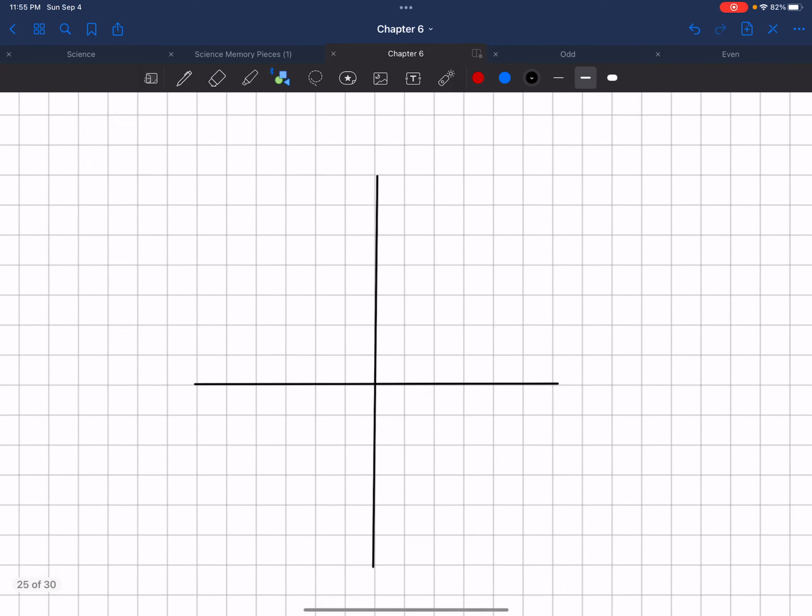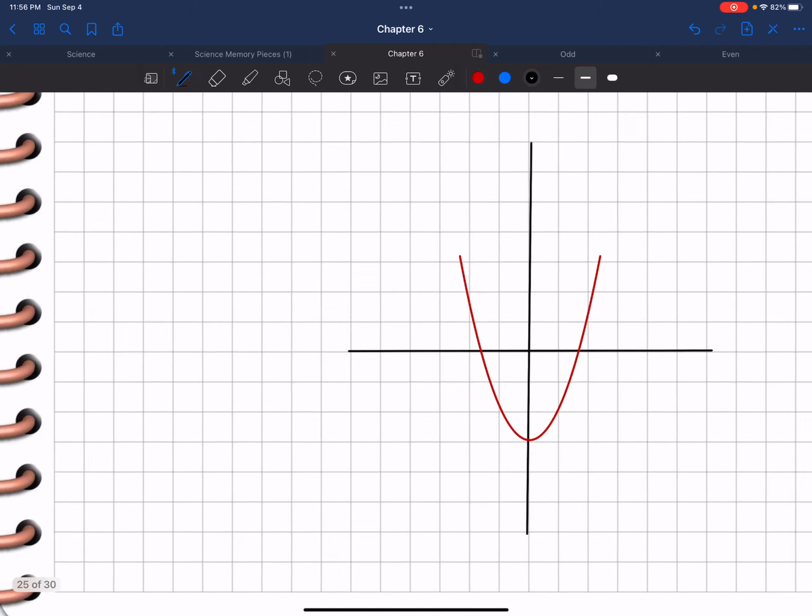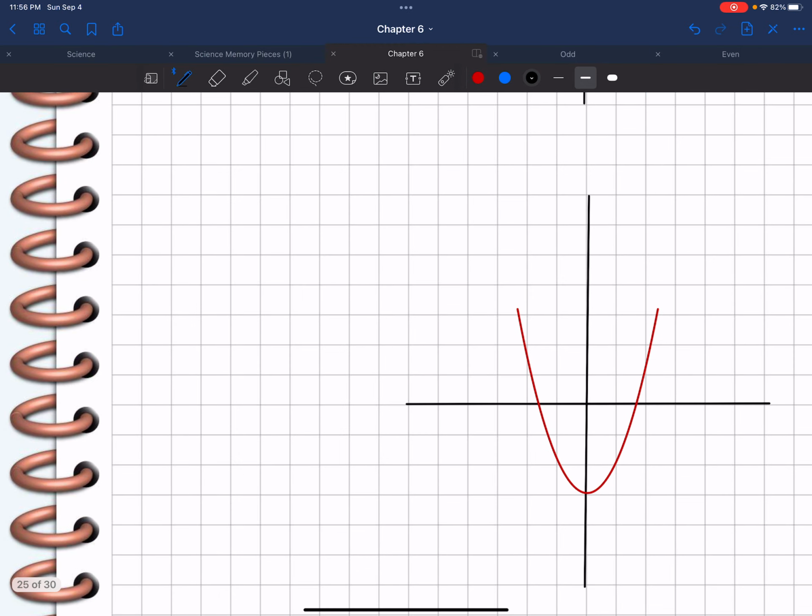Let me draw the parabola first, and then I'll shift it how it needs to shift. Okay. So let's put it right here. And then the book does decreasing first, so let's do the decreasing interval first.